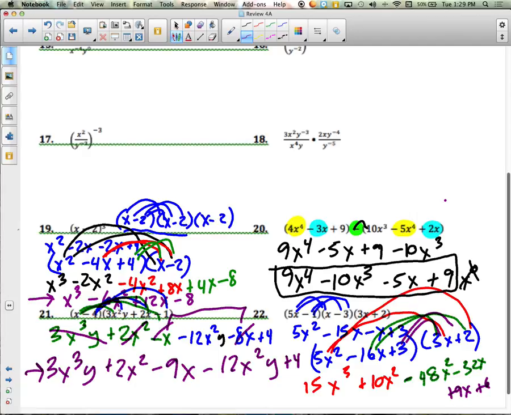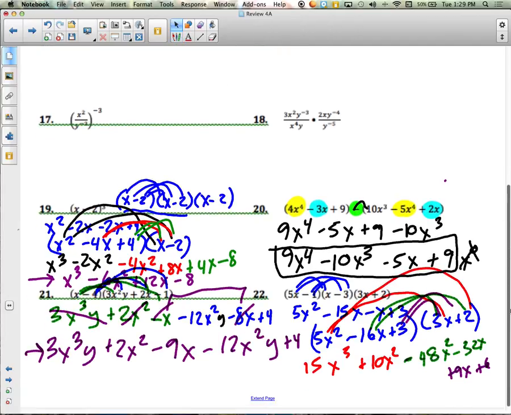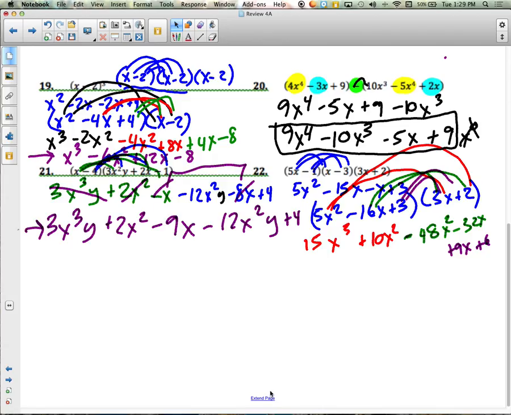And then we need to look for any like terms we have. So I've got the 15x cubed. It doesn't have a like term. 10x squared minus 48x squared is negative 38x squared.